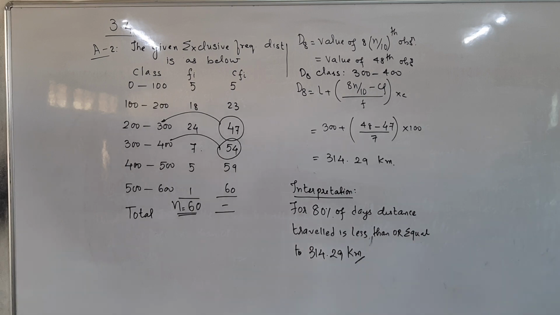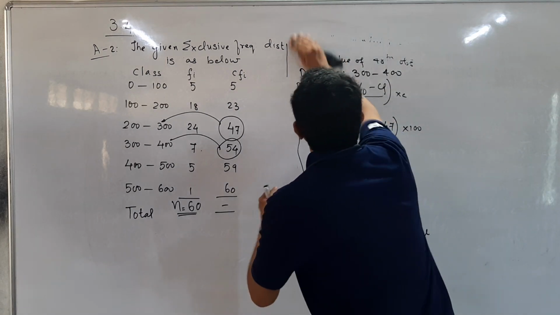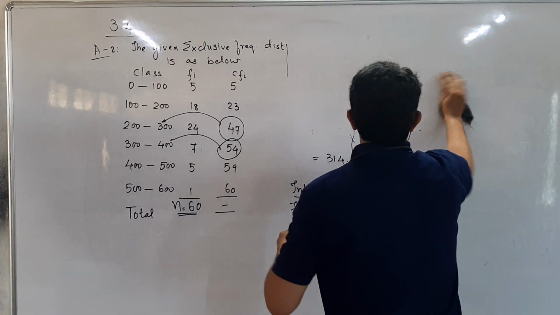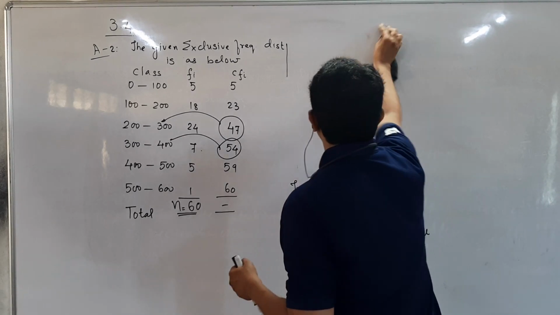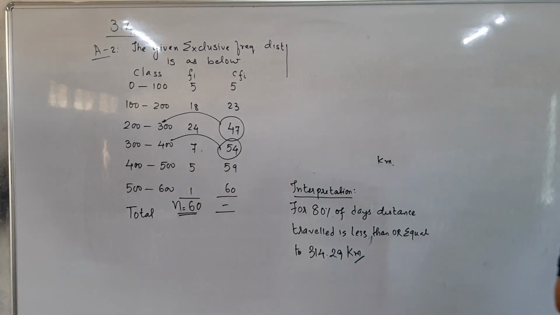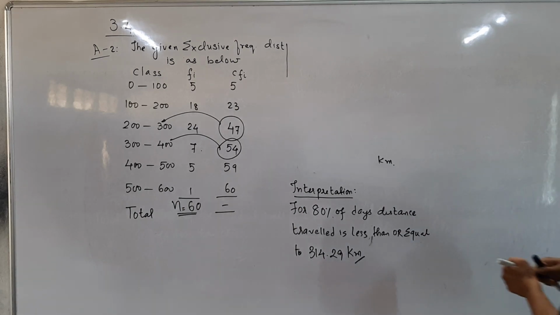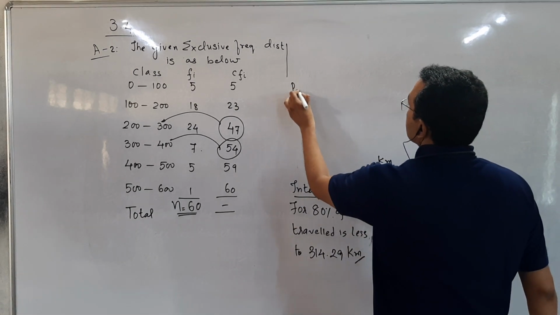Now the next measure which we have to find is P62. So what is the formula students for P62?